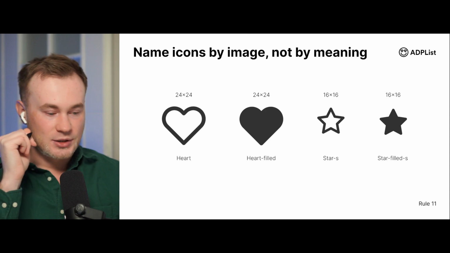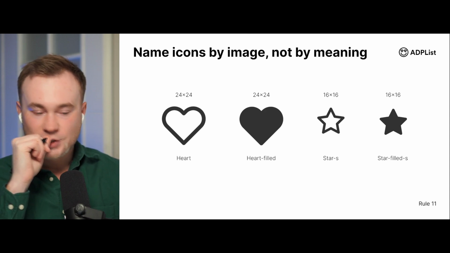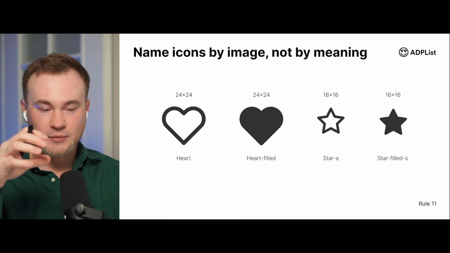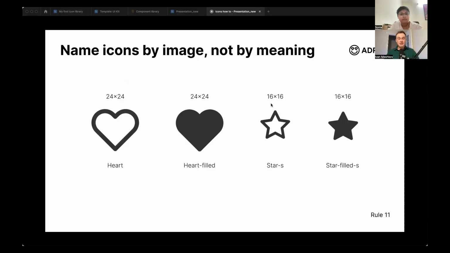This is another illustration of a situation when you have some specific size for your icons. For example, imagine that you need to have a 16 pixel icon. That's totally fine. You just put a name and use the prefix S. The same with filled icons.